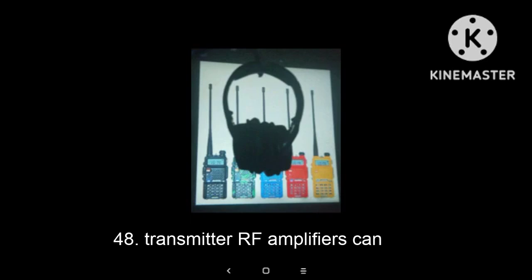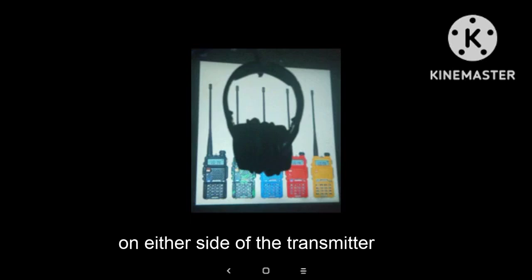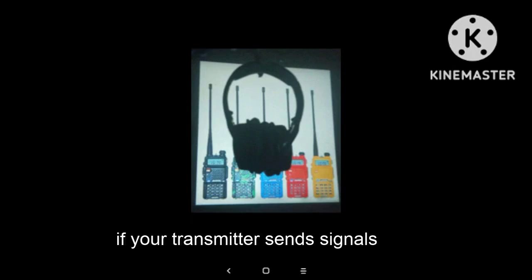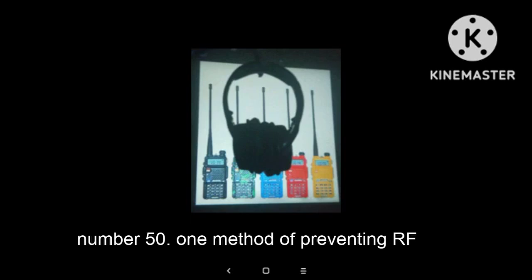Number 48. Transmitter RF amplifiers can generate parasitic oscillations on either side of the transmitter frequency. Number 49. If your transmitter sends signals outside the band where it is transmitting, what is this called? Spurious emissions. Number 50.